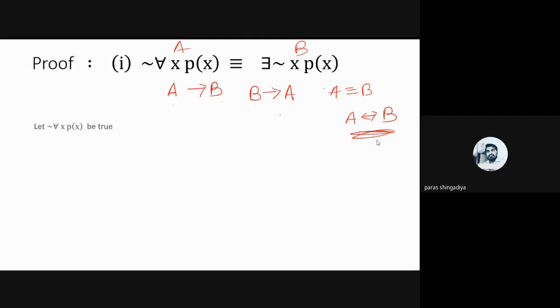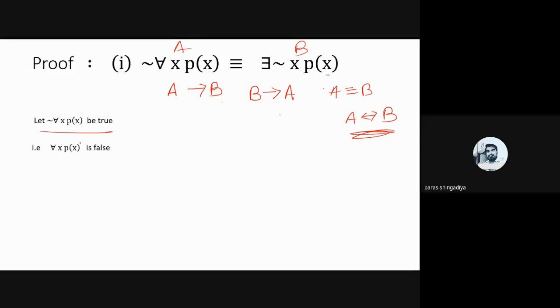So in the first case, let us consider A is true, meaning negation every x Px is true. Based on this supposition, we'll prove that B is true, where B means there exists x negation Px is true. So we consider at the start that negation every x Px is true.